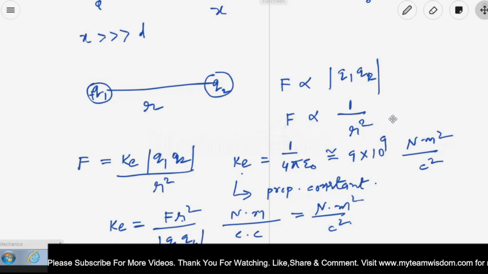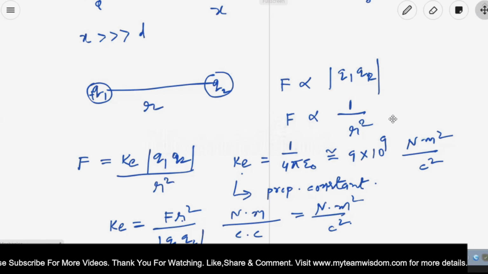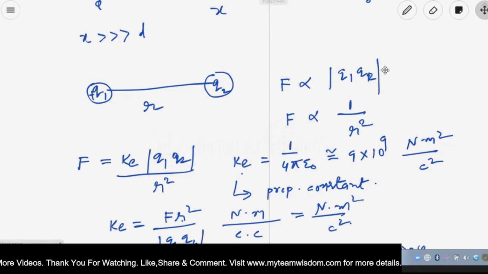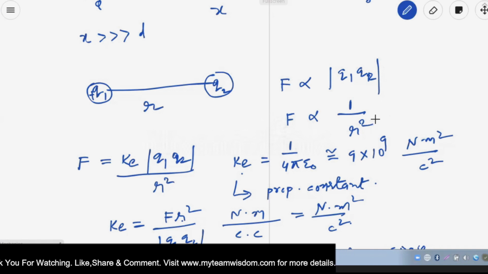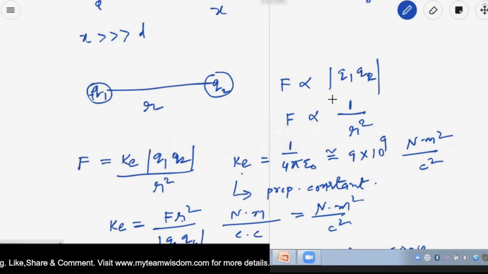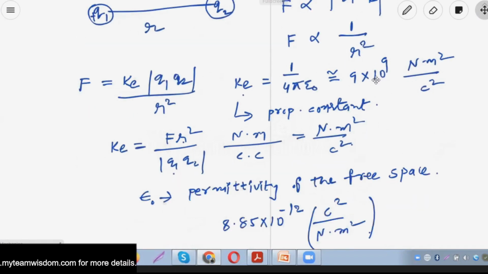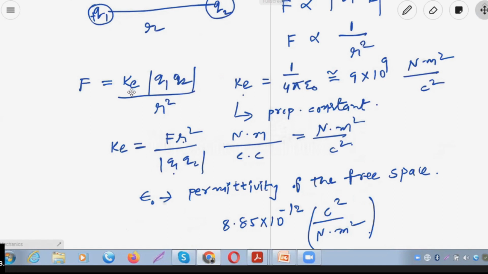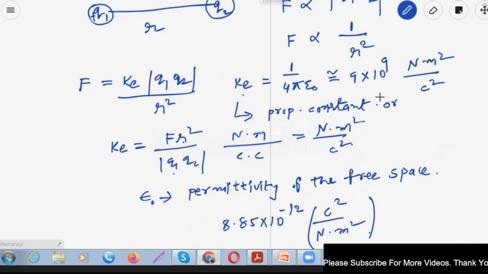That force of interaction is proportional to the product of the magnitude of the charges and inversely proportional to the square of the distance between them. If I rewrite this equation, in order to remove the proportionality, I need to place a constant that is called the proportionality constant, or you can call it Coulomb's constant.